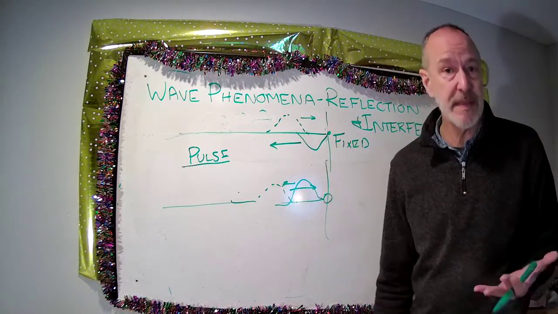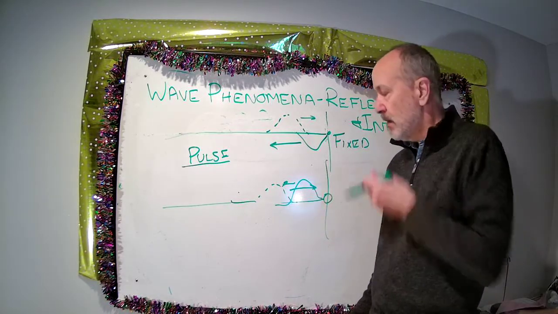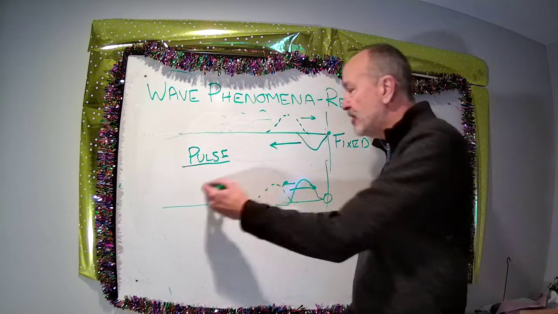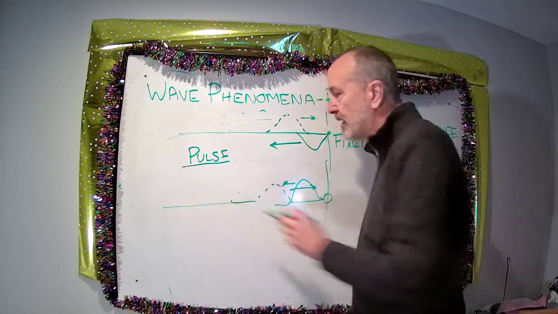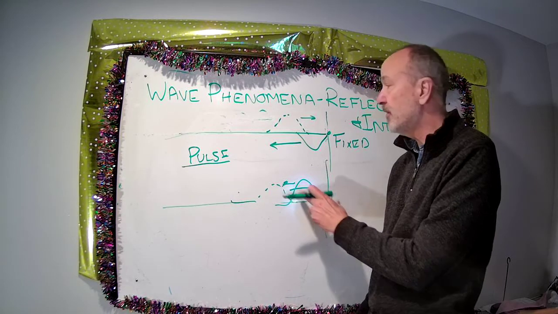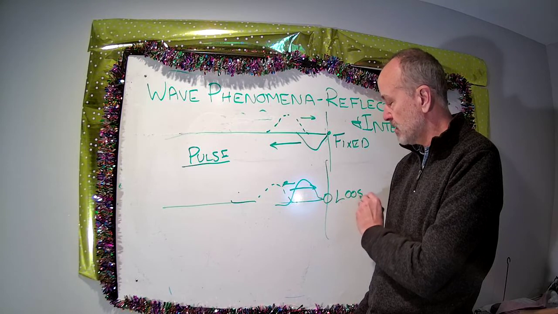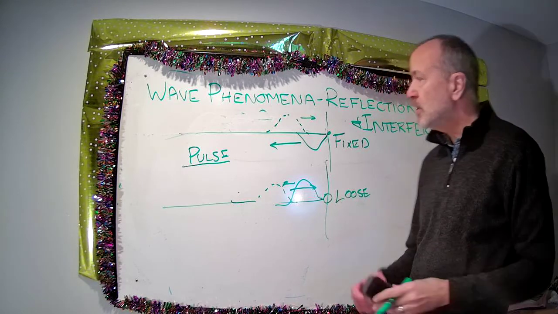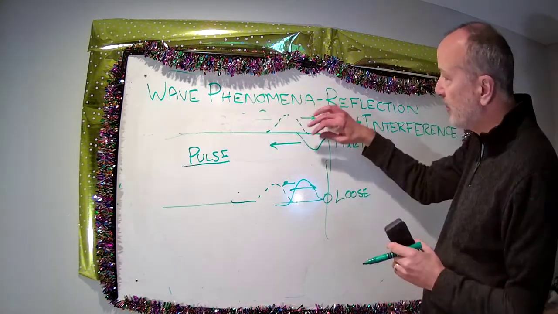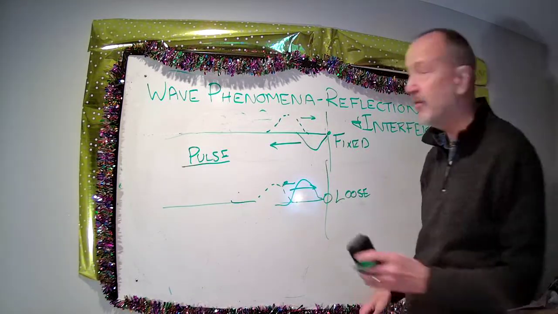So that's one thing that happens. And remember, this is energy that's transferring. The energy transfers over here and then bounces back, but the shape of the pulse remains the same, non-inverted. Fixed, loose, unfixed. So coming over here, flipping and going back the other way is a characteristic of a fixed boundary for a transverse wave.